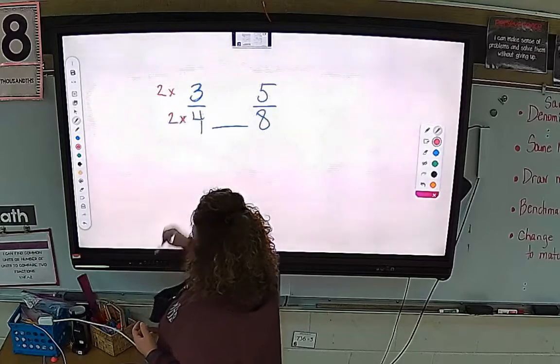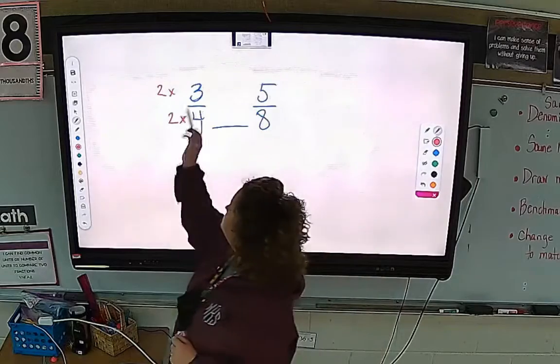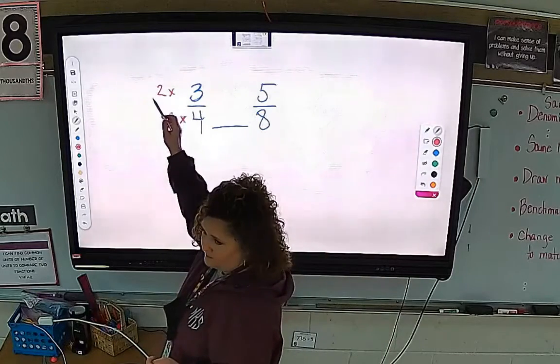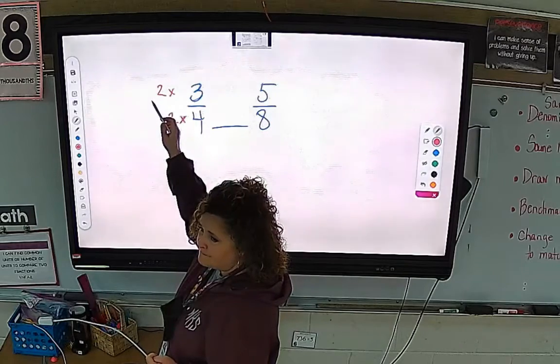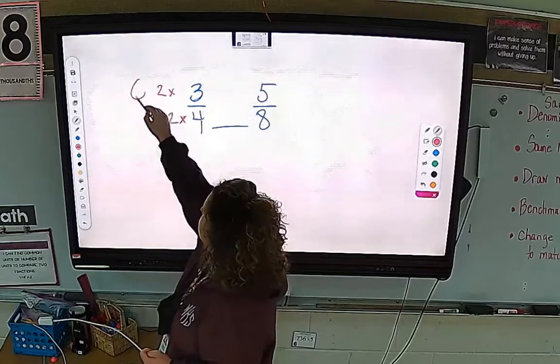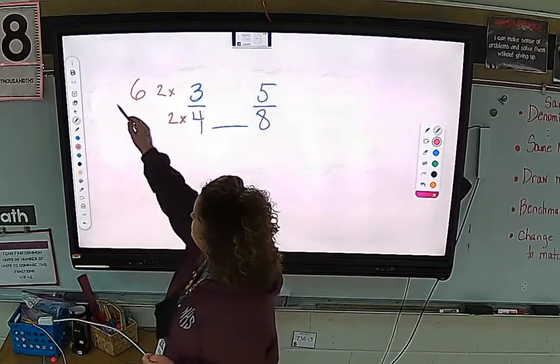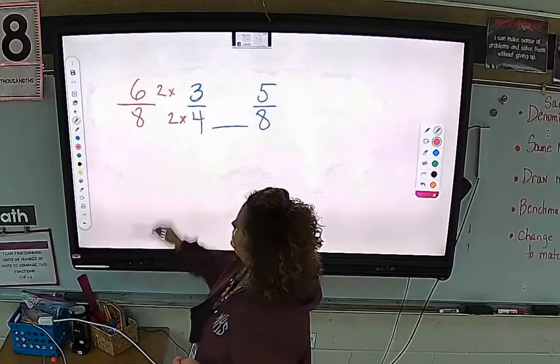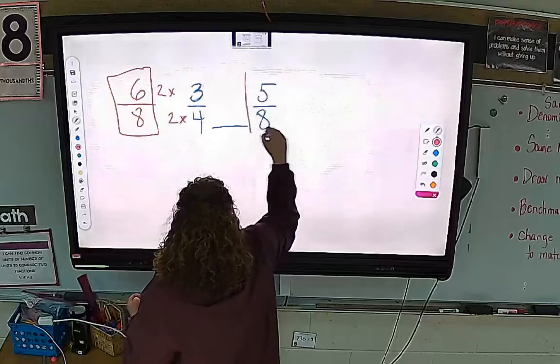So my new fraction becomes, Isabella, what's my new fraction? 3 times 2 is 6. What's 4 times 2? Everybody, what's 4 times 2? 8. So now I've got 6/8 and I've got 5/8.